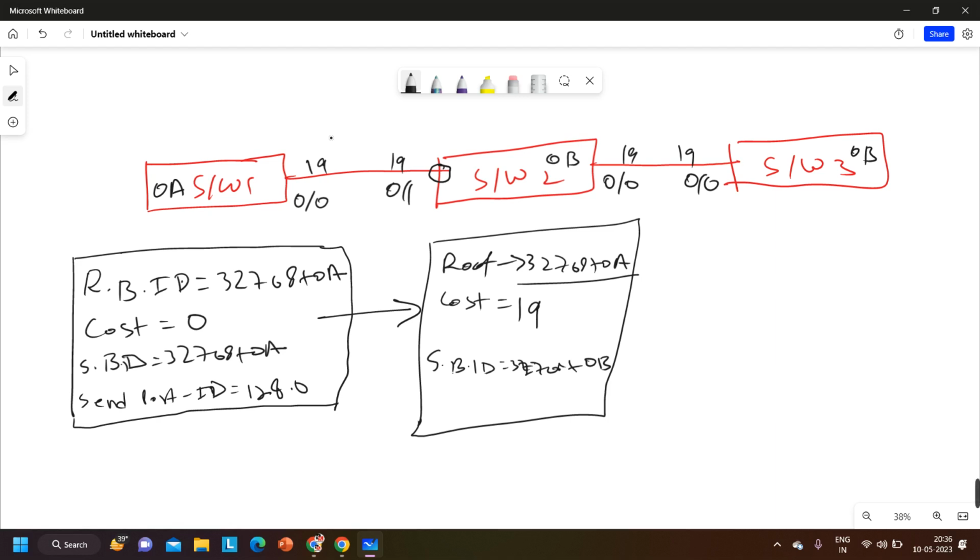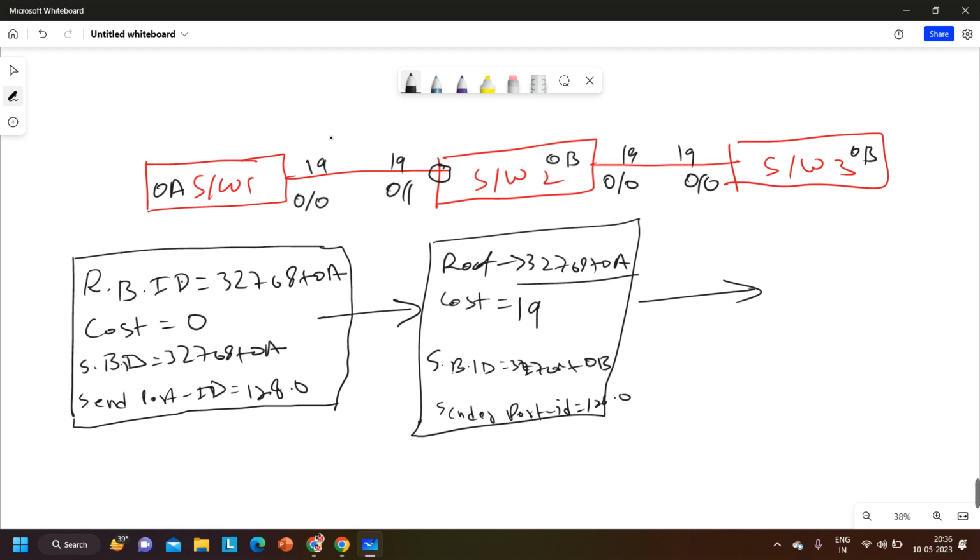But my designated bridge ID will be 32768 plus 0B, my bridge ID. After that, sender port ID. And it will be what? 128.0. Yes or no?